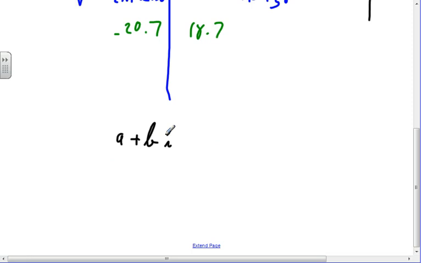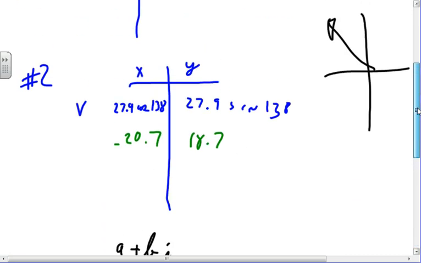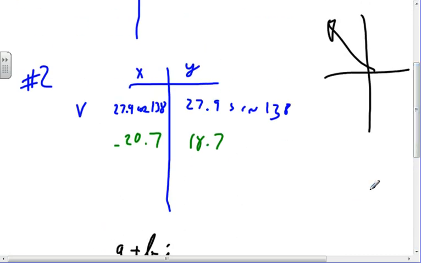Now I'm in A plus BI mode, second function quit, and I'm gonna put in 27.9, second function complex, angle 135, enter, and the calculator says I am minus 20.7 plus 18.7 I. I recognize that as the x component is minus 20.7 and the y component is 18.7. My calculator did it without ever putting in a sine or a cosine.